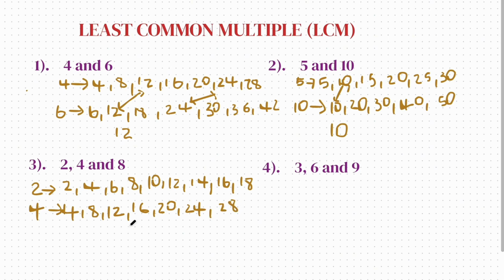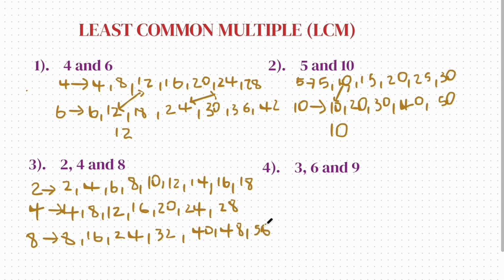Let's list the multiples of 8. The multiples of 8 are 8, 16, 24, 32, 40, 48, 56, and I'm going to stop right there.